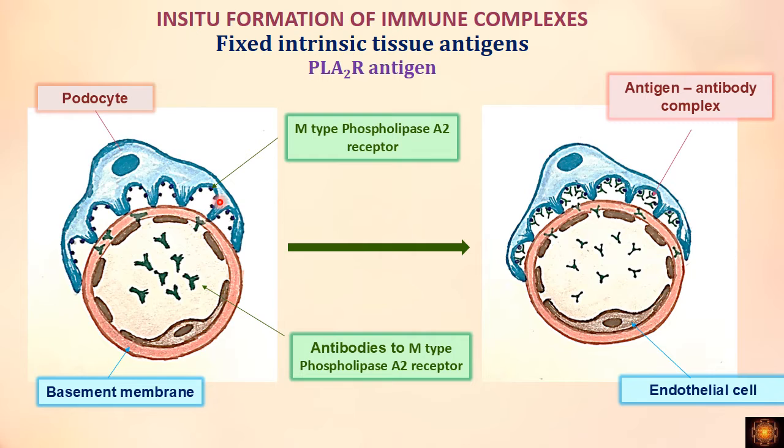This is specifically the M-type phospholipase A2 receptor. It is present on the epithelial membrane of the podocytes or surface epithelial cells, and this one acts as an antigen. Now here what happens, we have the antibodies which are formed against these antigens. These antibodies cross the basement membrane and they form the antigen-antibody complexes on the cell membrane. They are attached to the cell membrane initially.